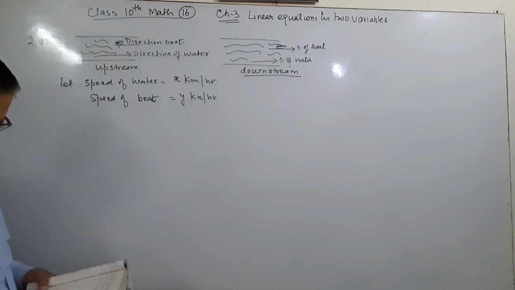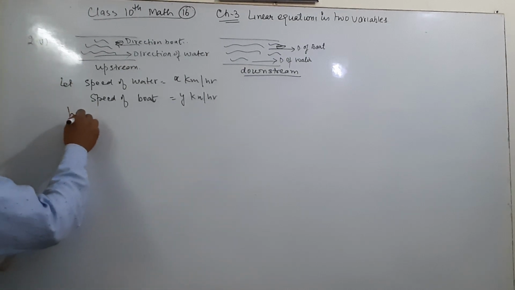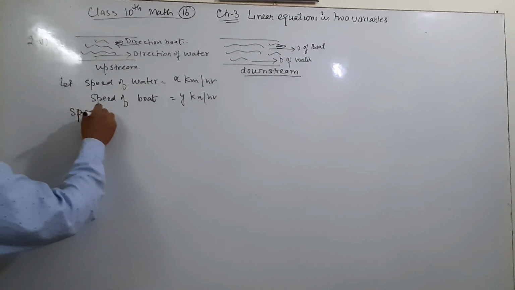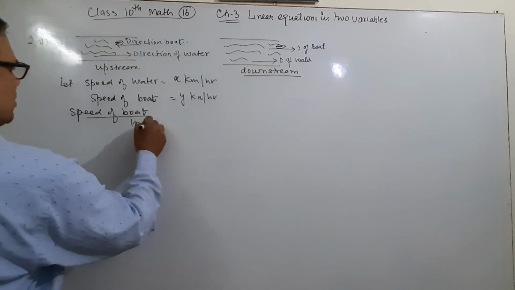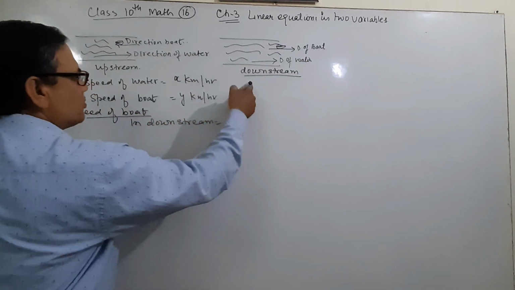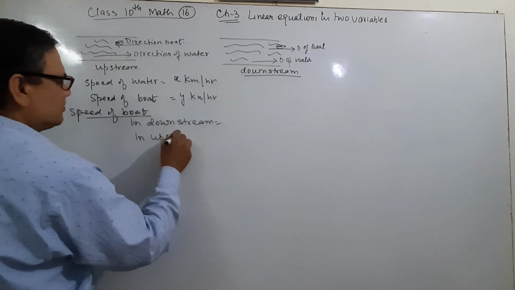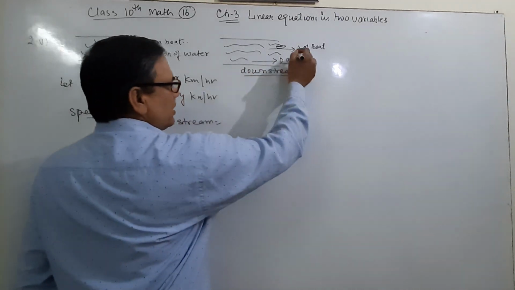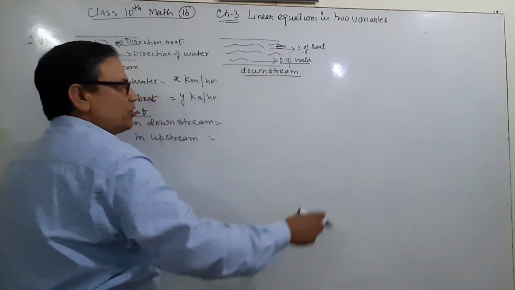And now, for the speed of the boat, there are two conditions: one is downstream and the other is upstream. In downstream, the direction of water and boat is the same, so water increases the speed of the boat.